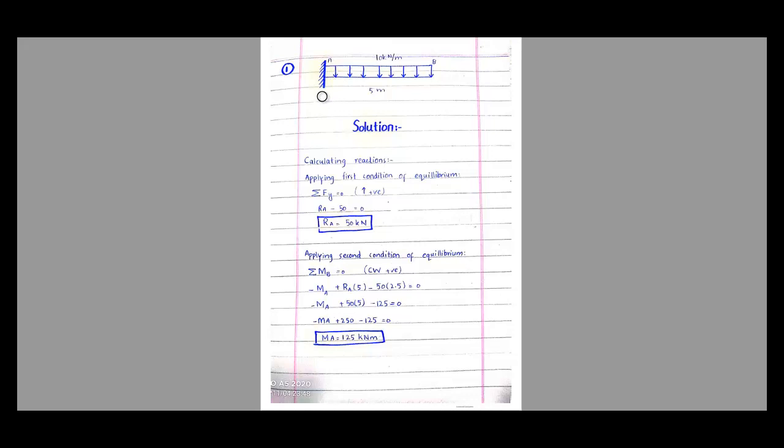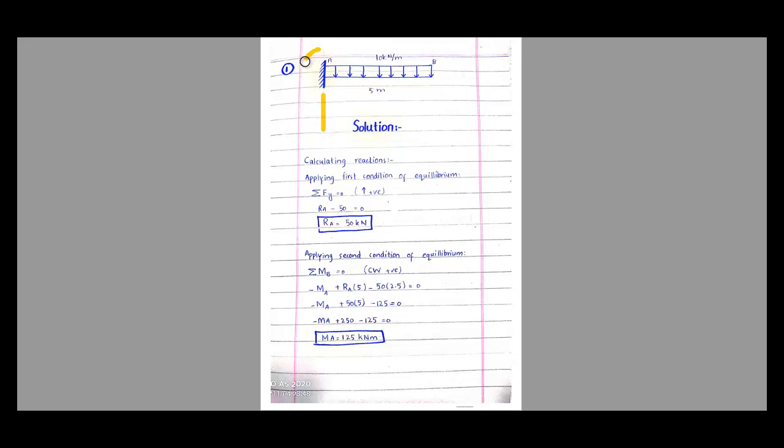The reactions are not marked here, so one reaction will be like this. Oh, wait a minute, it should be like this. Anyways, this is RA, assumed in the upward direction.